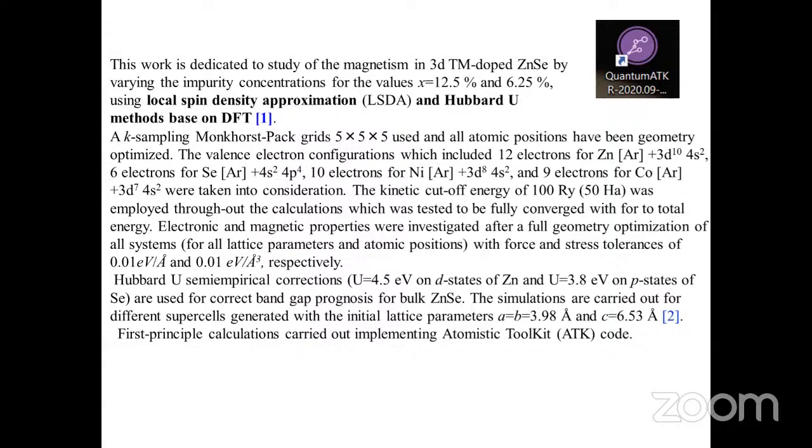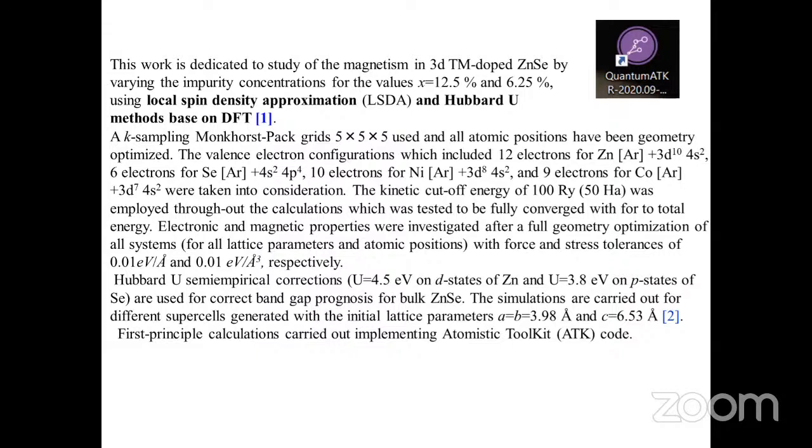The valence electron configuration which included 12 electrons for zinc, 6 electrons for selenium, 10 electrons for nickel, and 9 electrons for cobalt were taken into consideration. The kinetic cutoff energy of 50 Hartree was employed throughout the calculation, which was tested to be fully converged with respect to total energy.